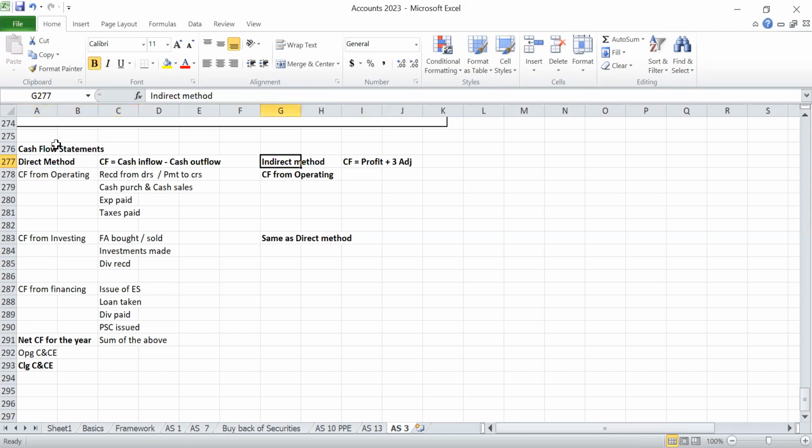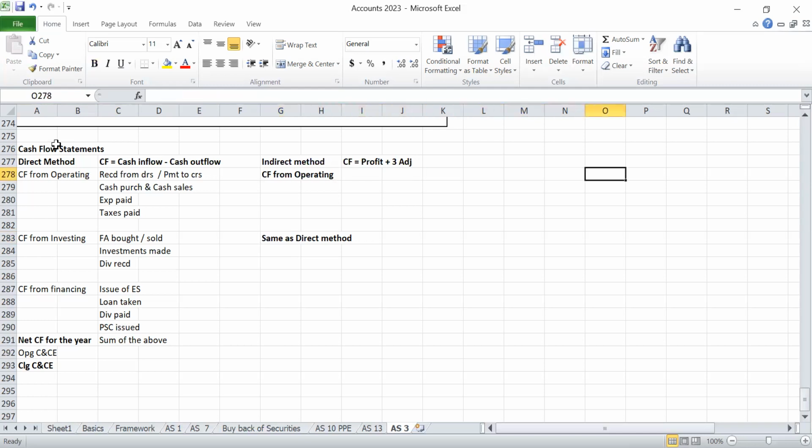Here I am not taking the cash flows at all. I am going to get the answer from profit. I am going to compute only cash flow from operating activity, so investing and financing will be the same.